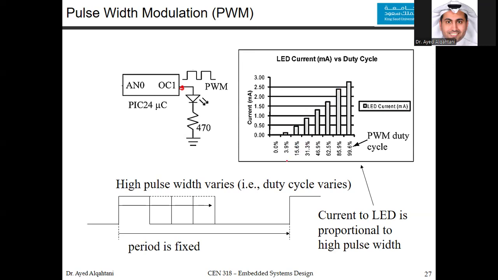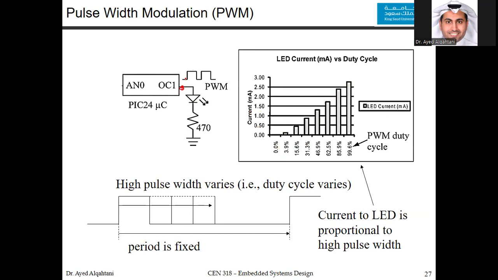Meaning, if you increase the value of the output compare or the OCRS, the duty cycle will increase, and based on that, the current will increase. Now, if the current increases here, it means that the intensity of this LED will also increase.